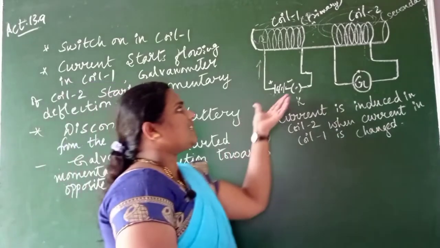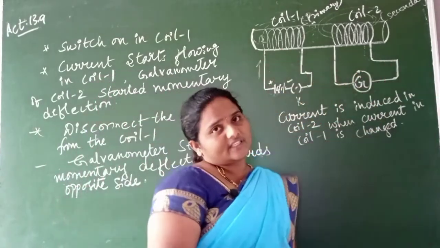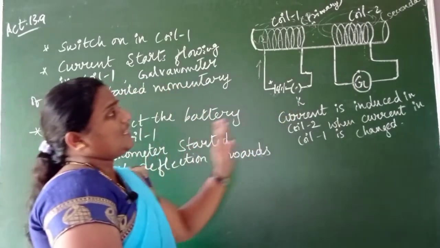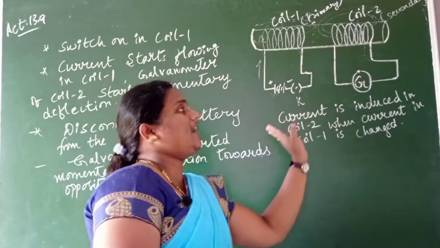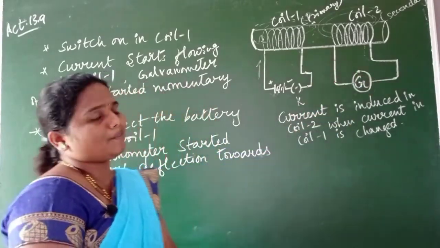Imagine that when the current is flowing in the first one, that is coil 1, it has deflected towards right. But when you are disconnecting the battery from the coil 1, the galvanometer started deflecting towards left and it is coming back toward zero mark.